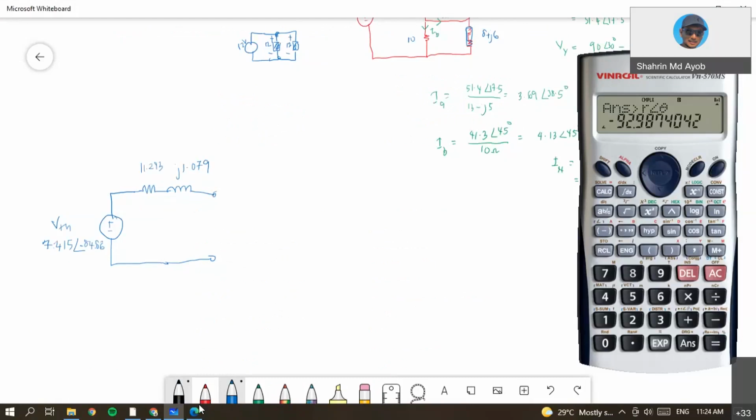So this is the equivalent Thevenin circuit that we have already obtained from the circuit.